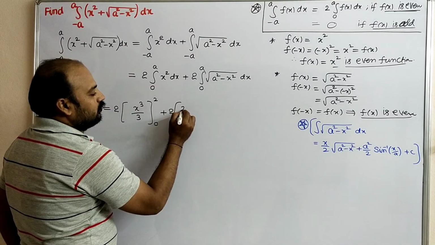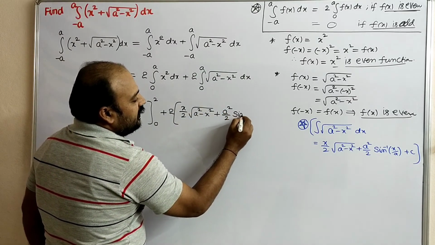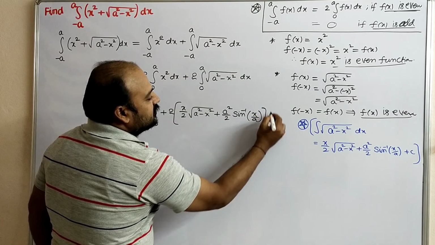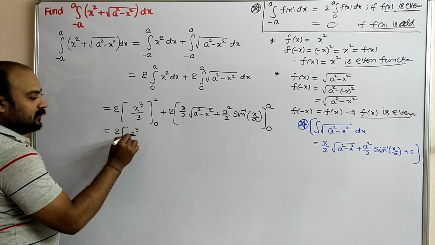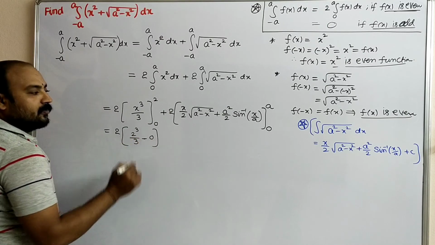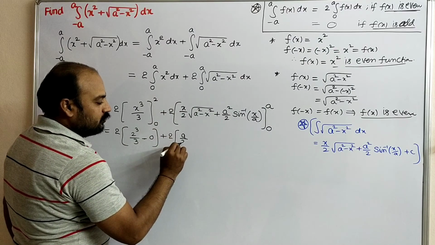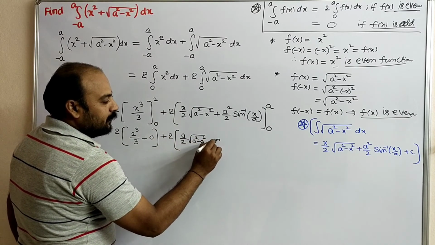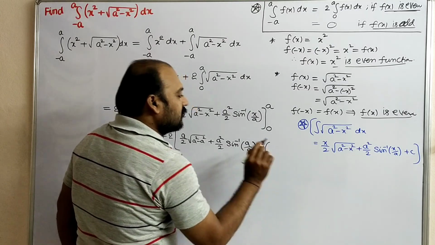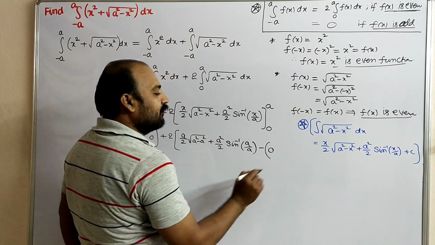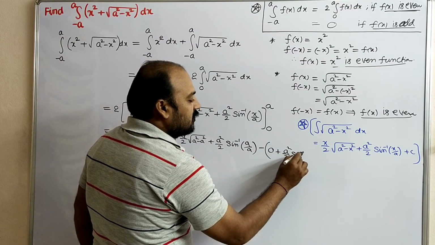So x by 2 square root of a square minus x square plus a square by 2 sine inverse x by a, applying the limits 0 to a, which is equal to twice of, in place of x upper limit 2 cube by 3 minus 0, plus 2 into, first in place of x upper limit, a by 2 square root of a square minus a square plus a square by 2 into sine inverse of a by a, minus, x equal to 0 if you substitute, 0 by anything is 0, plus a square by 2 into sine inverse of 0.